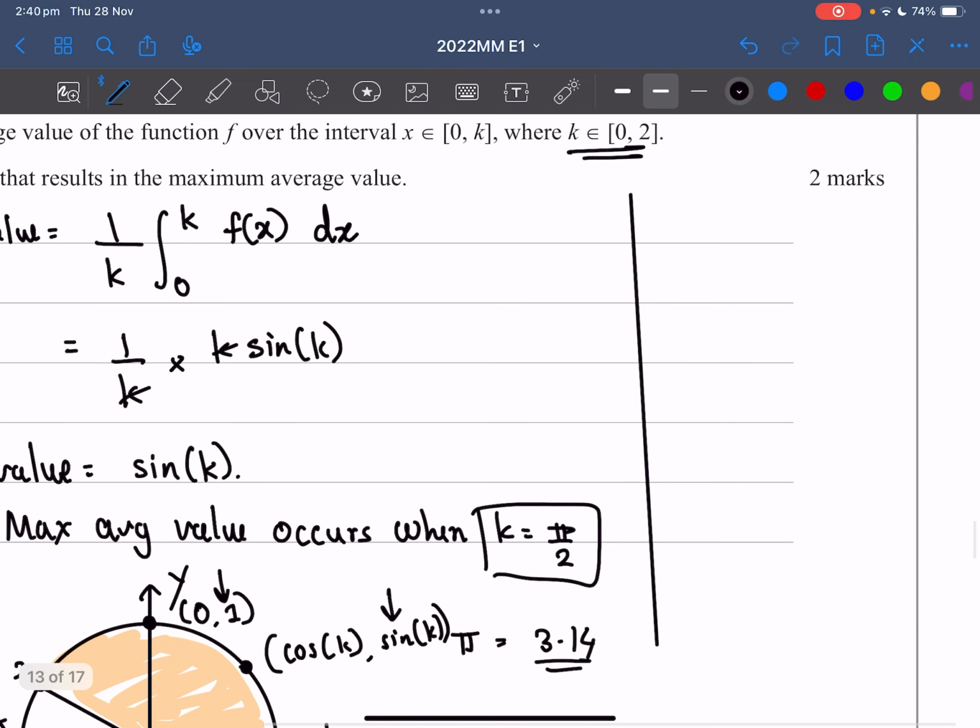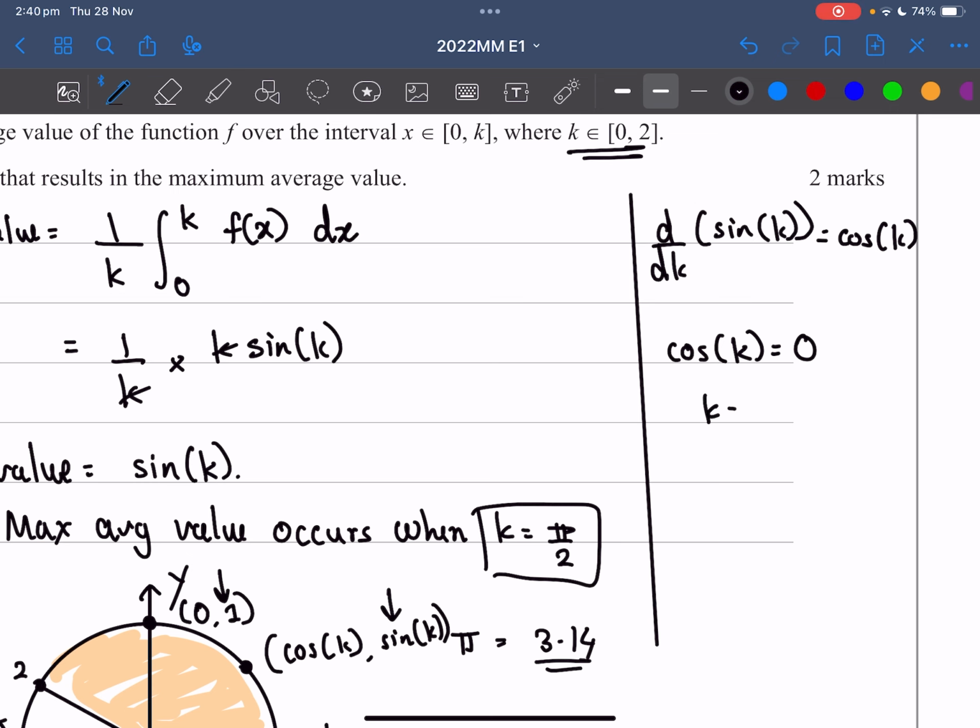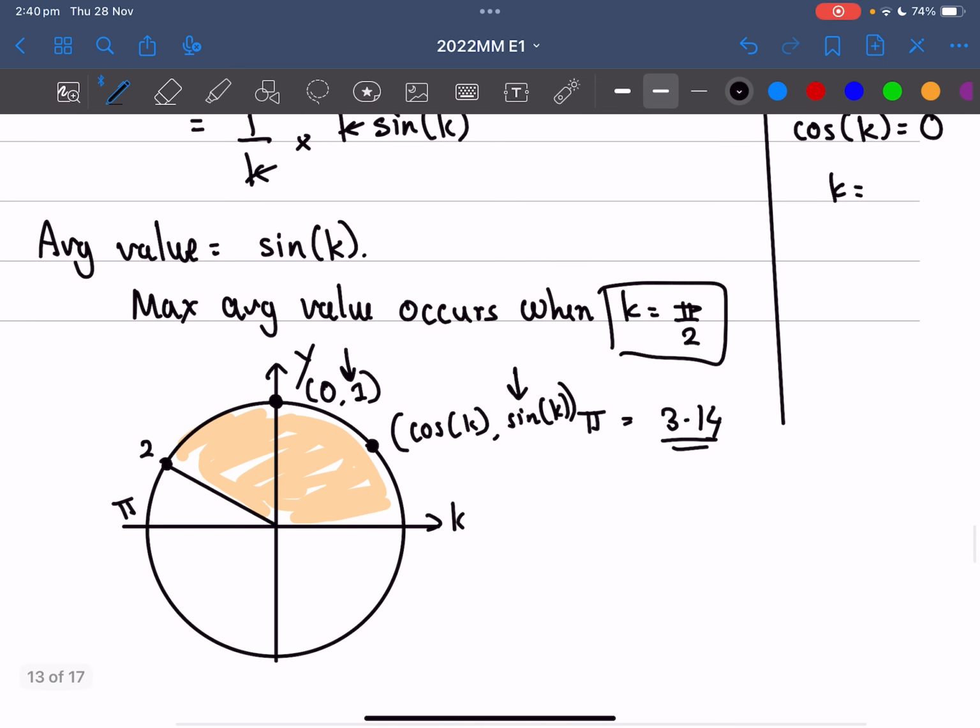So the average value function is this over here. Now, if I differentiate sine, we get cosine. So d/dk of sine k is equal to cosine of k, right? And set that equal to 0. So cosine of k equals 0. What do we get? K equals, so when is cosine 0? Again, if I refer to this circle over here, in this shaded region, when will the x coordinate ever be 0?